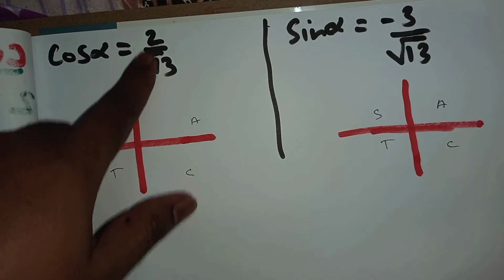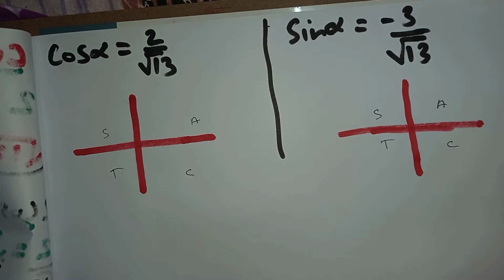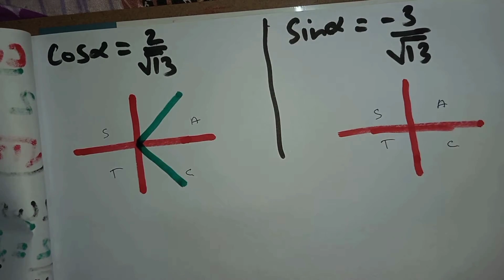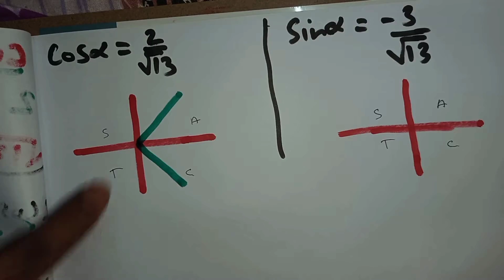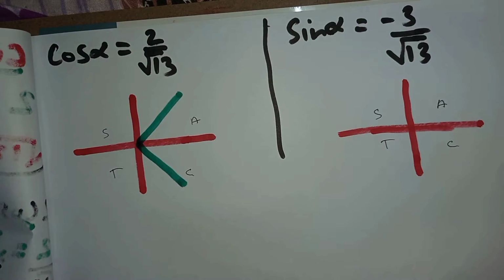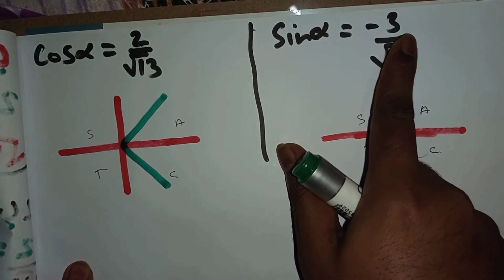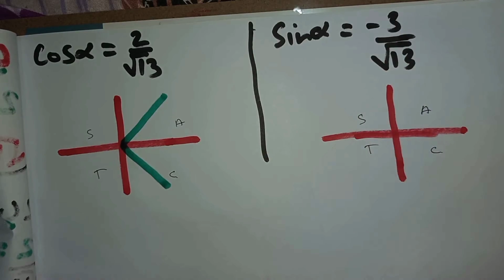We have a cos of positive, so we will have this and this, right? So those are the two possible thetas that we can get. Look at this side. We have sine negative 3 over root 13.